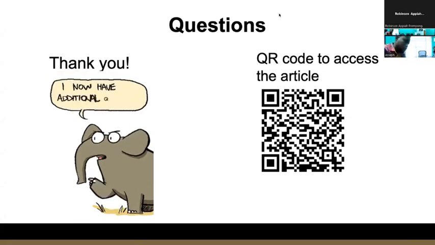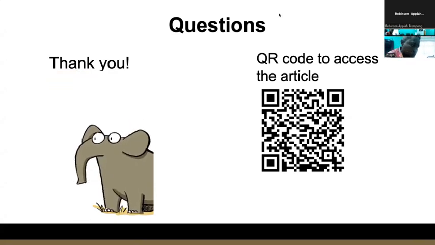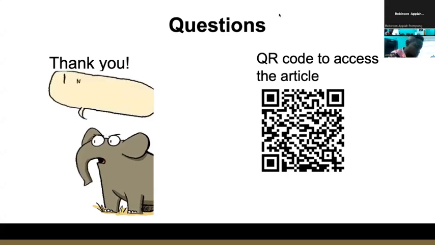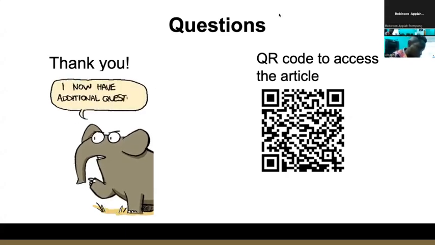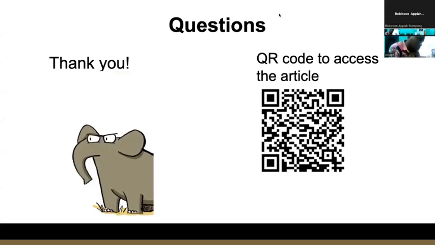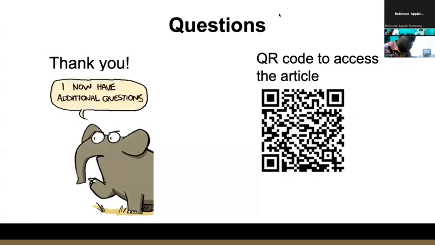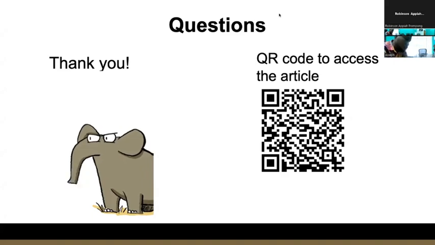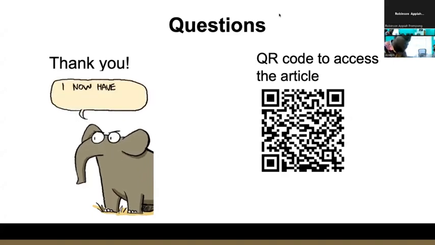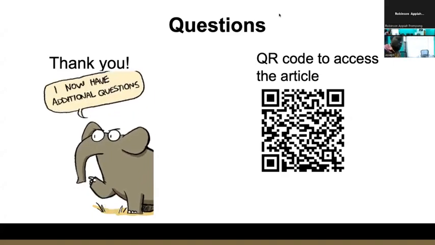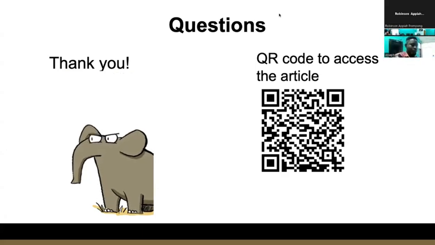The belief is that if you're finding something using this technique and using the traditional methods, it's highly likely that you would probably see those findings in the randomized controlled trials as well. But of course, there are limitations.